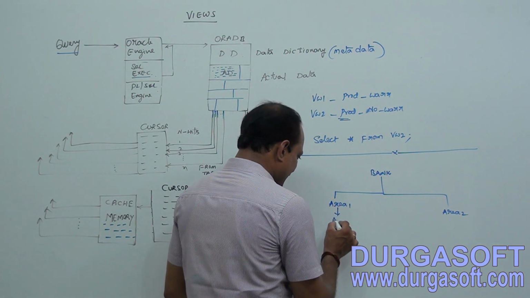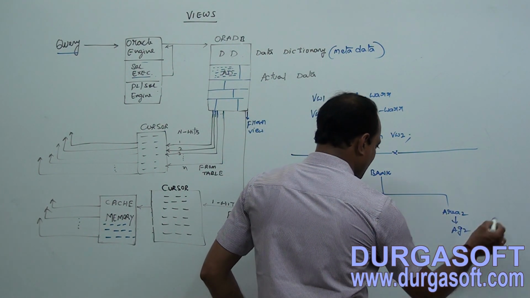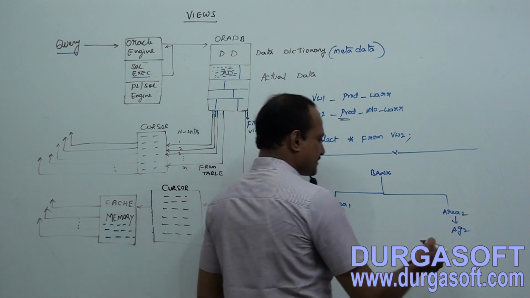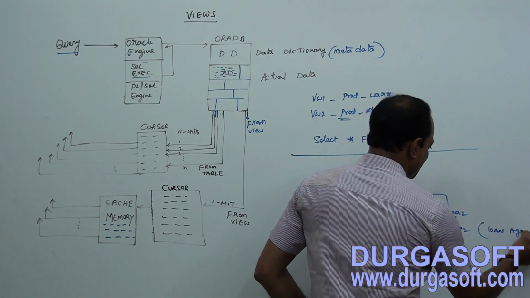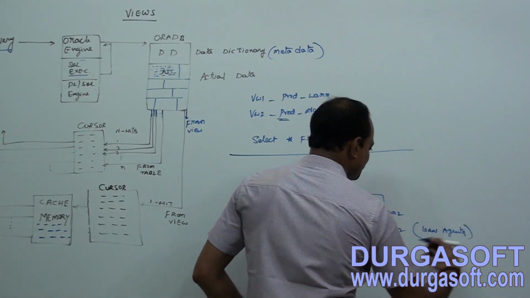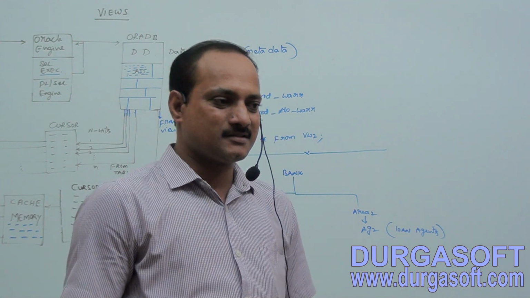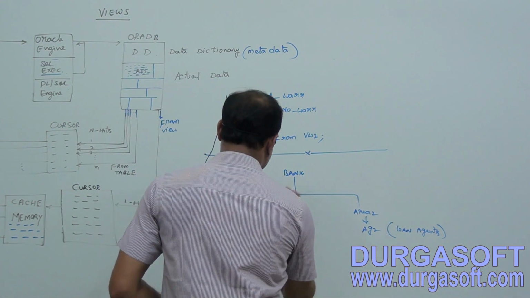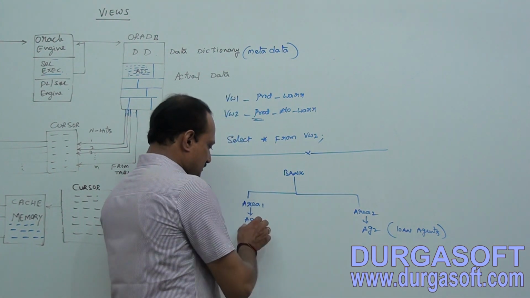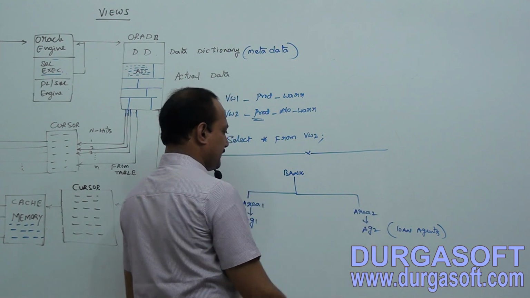For area 1 there is agent 1 and for area 2 there is agent 2 for the bank. These 2 agents are called loan agents, the people who help the customers of the bank. The customer who needs a loan has to approach these agents within the bank. So agent 1 is for area 1 and agent 2 is for area 2.